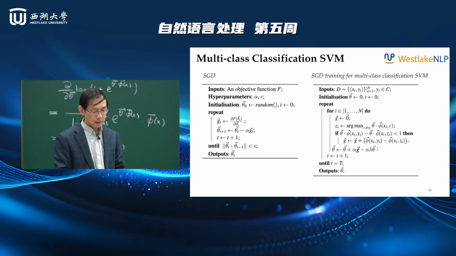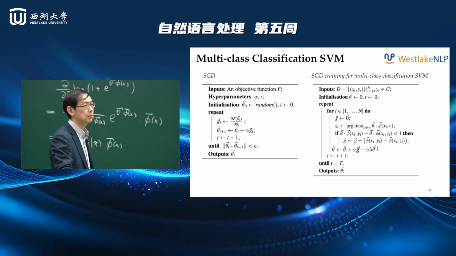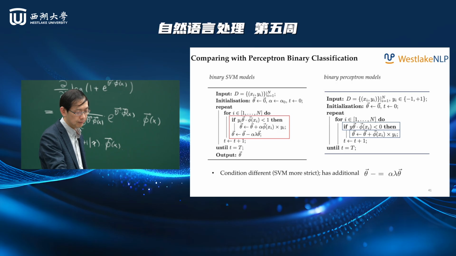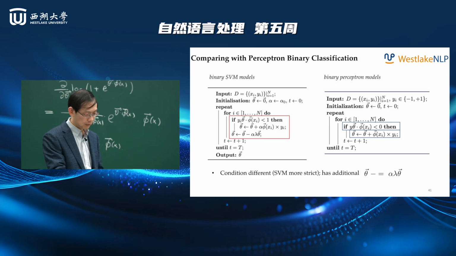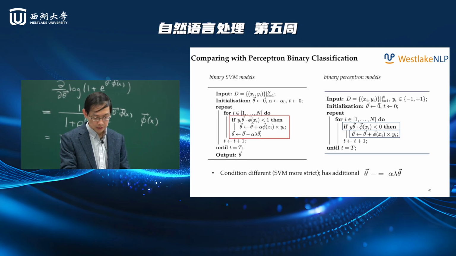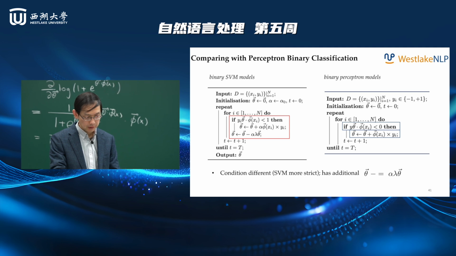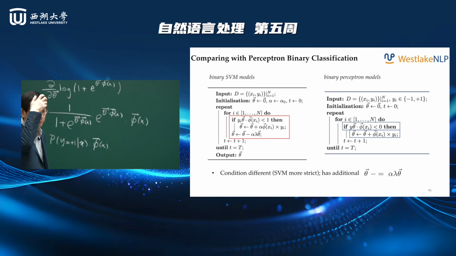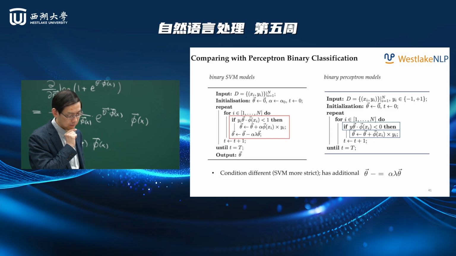Now again, this is very similar to perceptron. Why don't we make a comparison between perceptron and SVM? Here it is for binary classification. Both algorithms will find a condition to update my model parameter.